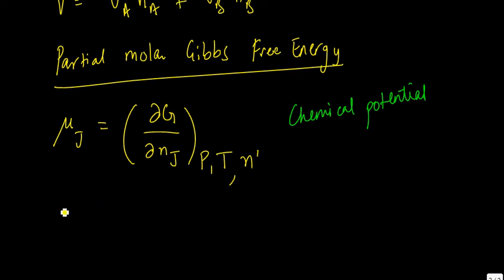G would then be the number of moles of A times the chemical potential of A plus the number of moles of B times the chemical potential of B, just as we wrote for the total volume.